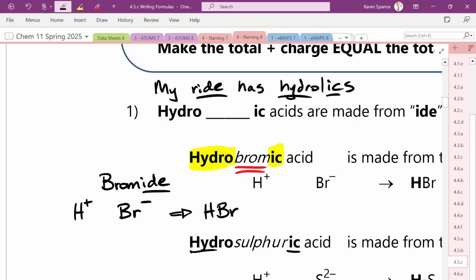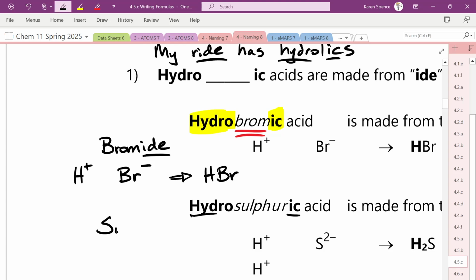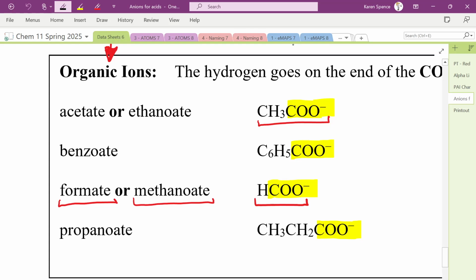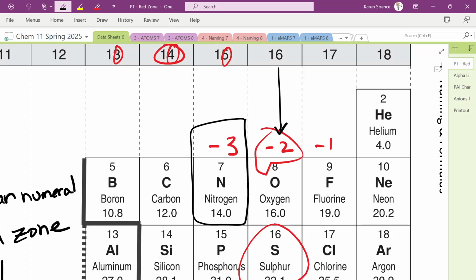Hydrosulfuric. Again, it's got that hydro, so that is going to be the sulfide ion. You can look on your periodic table and see sulfur is in group 16, which means it has a -2 charge.